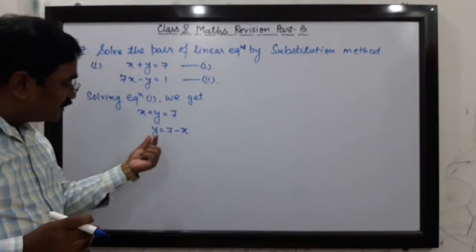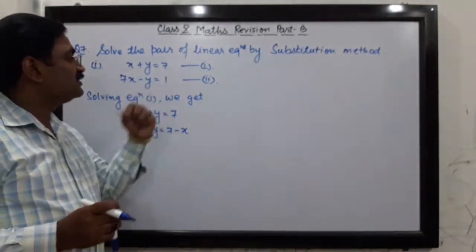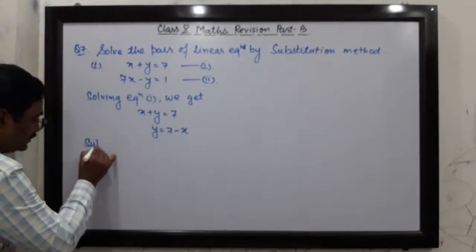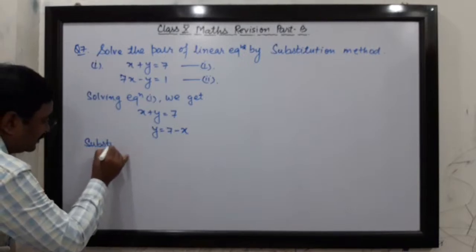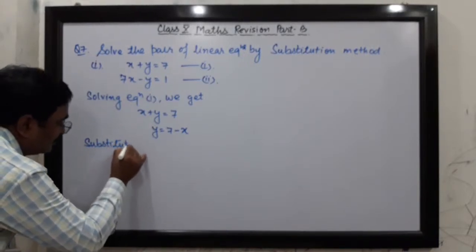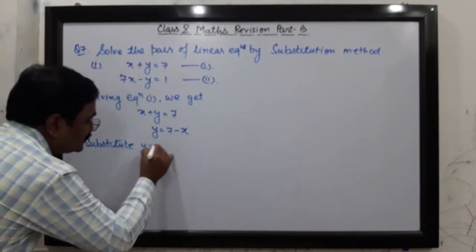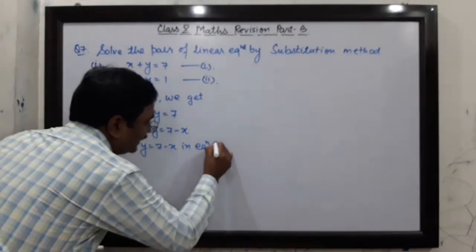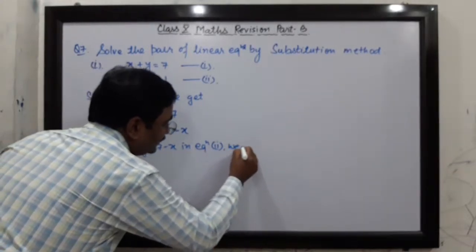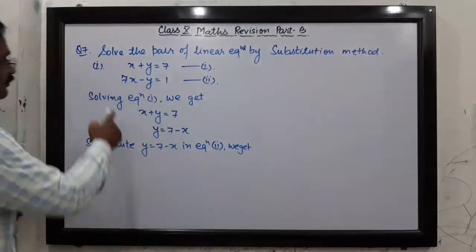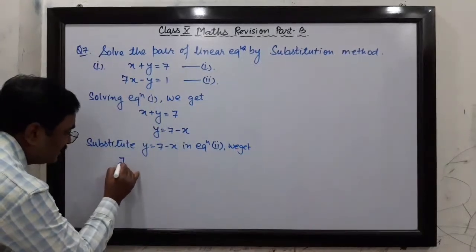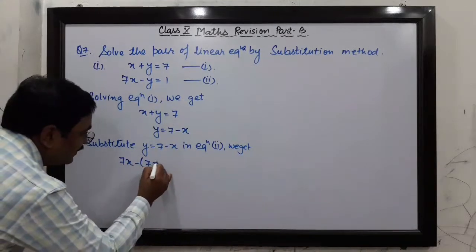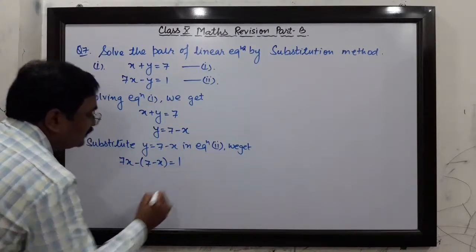Now substitute this value of y in equation 2. This method is substitution. Substituting y equal to 7 minus x in equation 2, we get: equation 2 is 7x minus y, and the value of y is 7 minus x, is equal to 1.